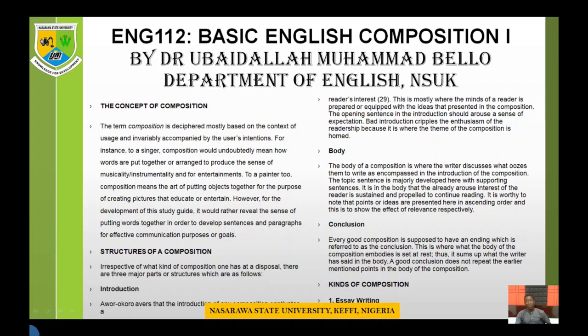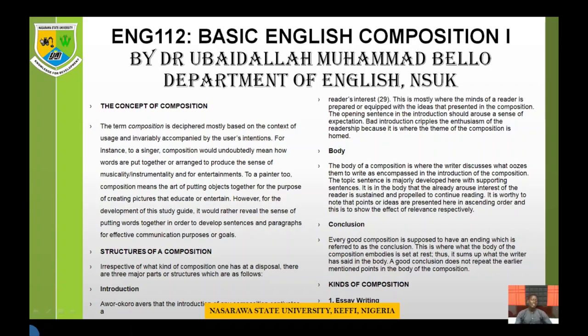This is mostly where the mind of a reader is prepared or equipped with the ideas that are presented in the composition. The opening sentence in the introduction should arouse the sense of expectation. A bad introduction is going to hammer the interest of a readership, because that is where the theme or the basic preoccupation of the writer is homed.